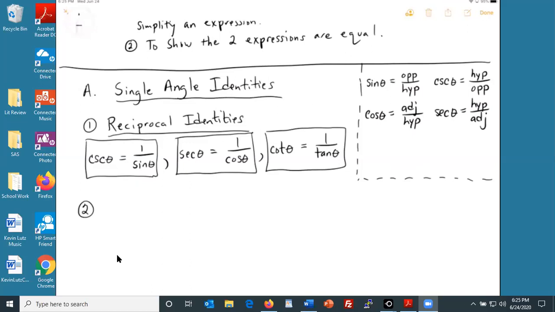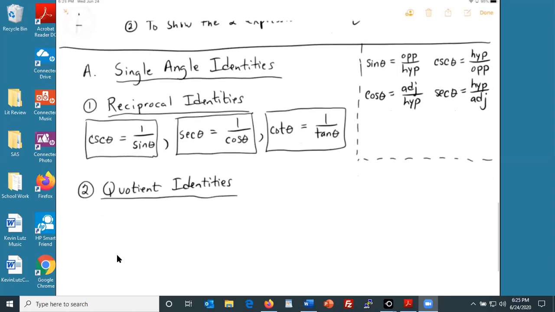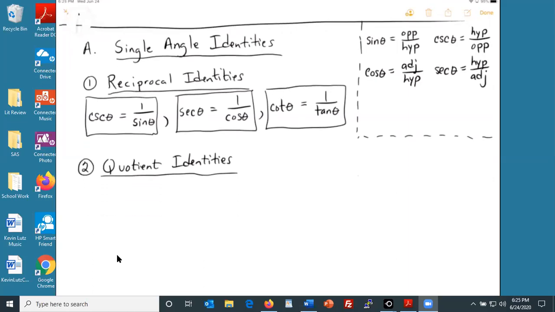All right, the second type here are called quotient identities. Now quotient just means that you're dividing 2 things. So remember, quotient means division. We're dividing 2 things, and it's going to equal something.